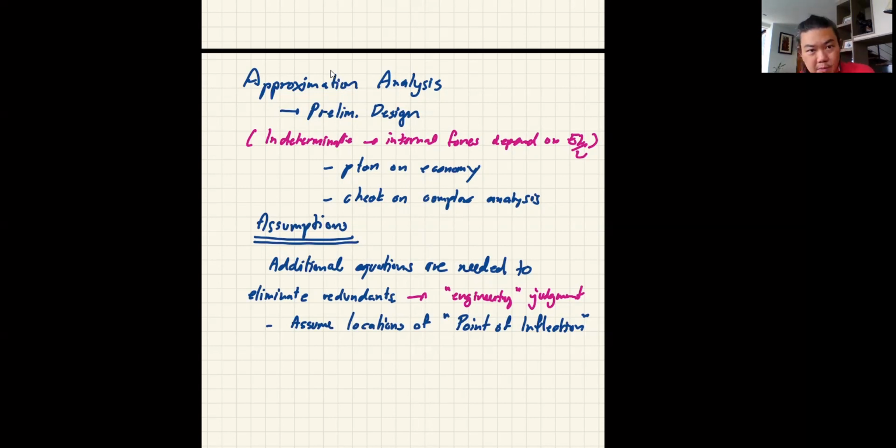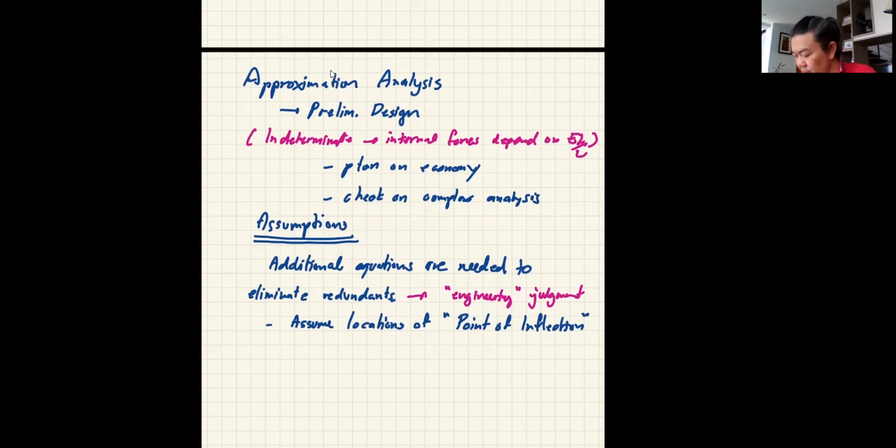So if we know some locations have 0 moment, we can insert the hinges at that particular location. Okay? We can assume, okay, this is going to be my point of inflection on the structure. And if we know that, you just add the hinge there because you know at that location, moment is 0.